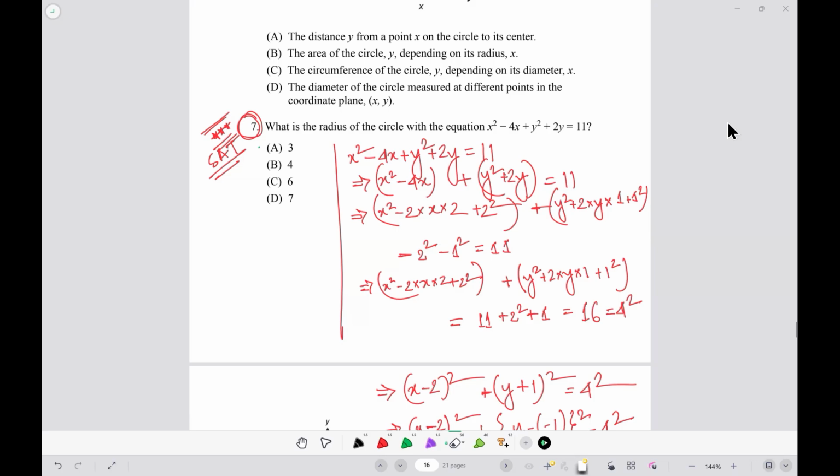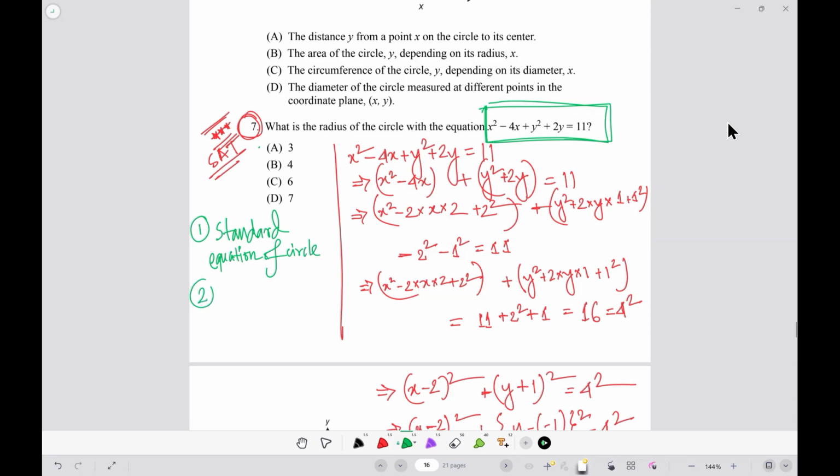What is the radius of the circle with this equation? Our approach is we just need to do something that will make this green boxed equation look like the standard equation of a circle.